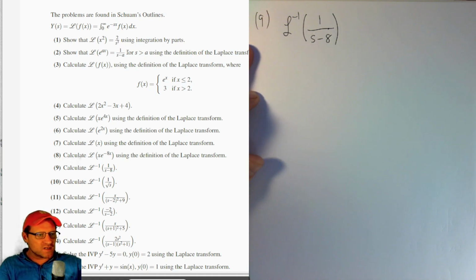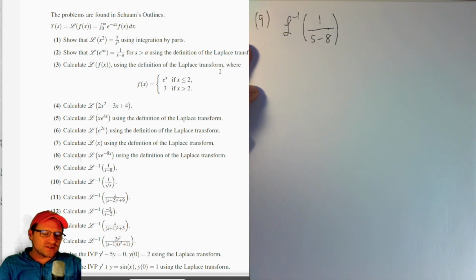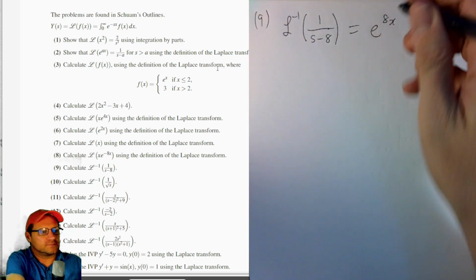And so if we're attempting to go backwards, applying the inverse Laplace transform to both sides of the equation expressed in question 2, we would get e to the power of 8x. And so this is just e to the power of 8x.